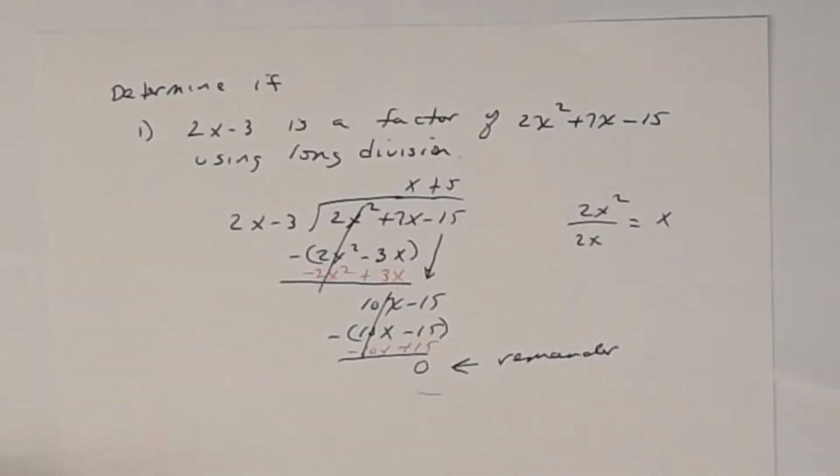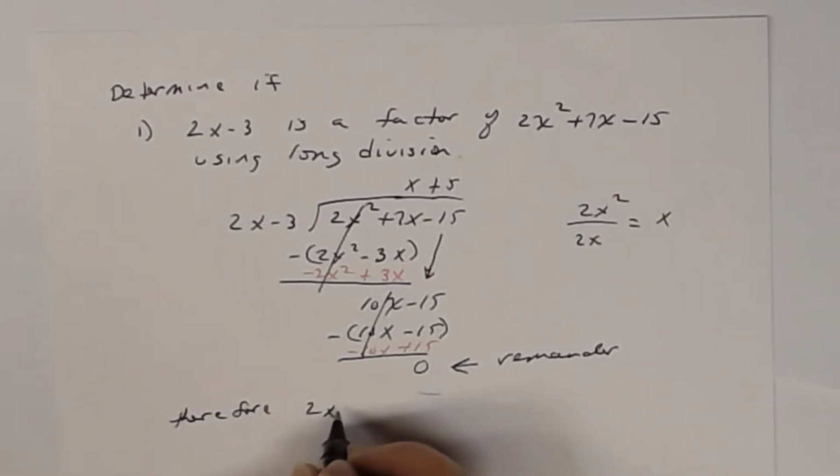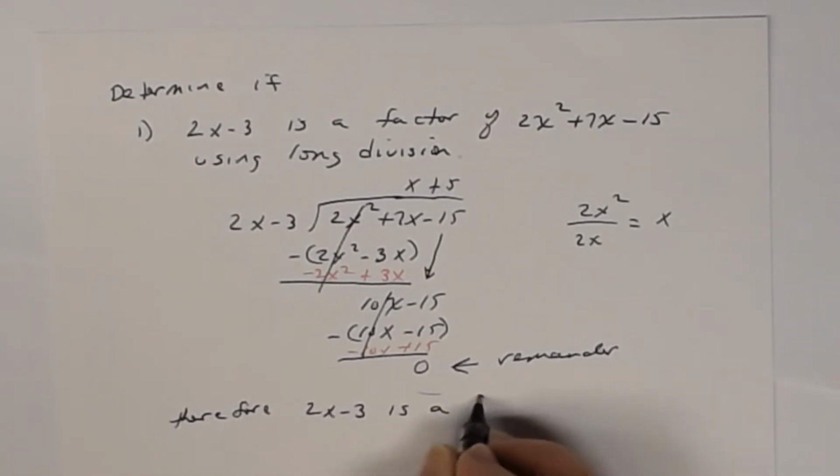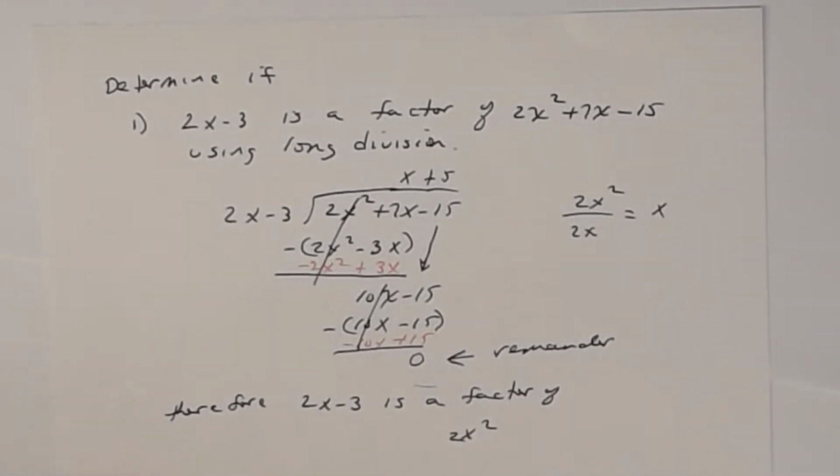So what we can say here is this. Since the remainder is 0, we can now say this. So therefore, 2x minus 3 is a factor of 2x squared, just rewriting this over, plus 7x minus 15.